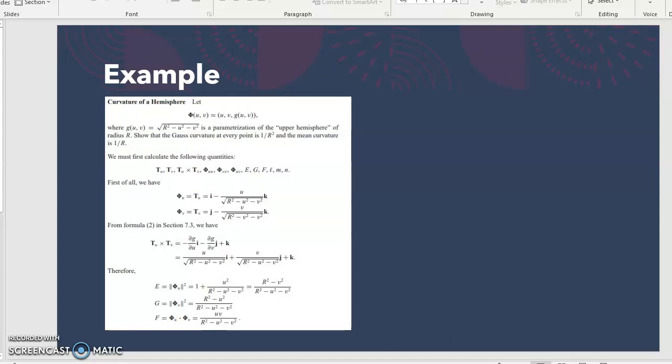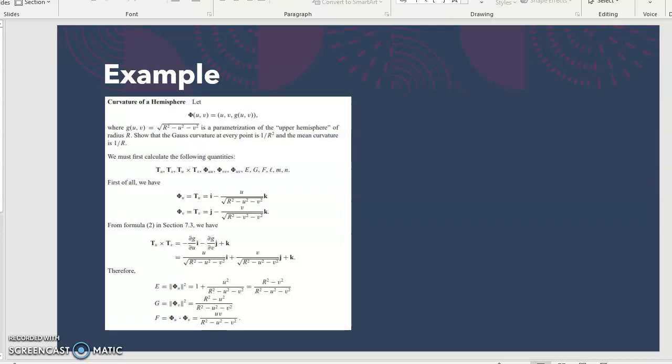These are example vector valued functions in R3, three-dimensional, and the calculation of their arc length and curvature. Curvature of a hemisphere: where G(u,v) equals (r sin u cos v, r sin u sin v, r cos u) is a parameterization of the upper hemisphere of radius r.